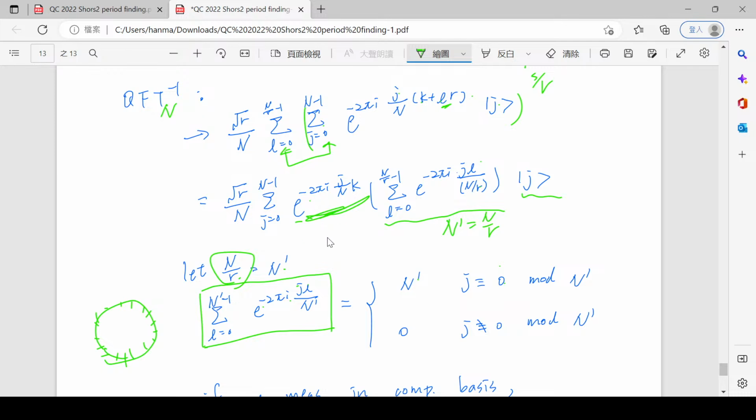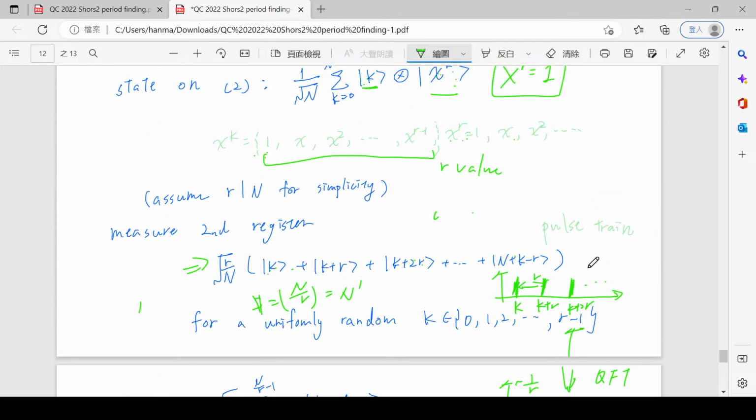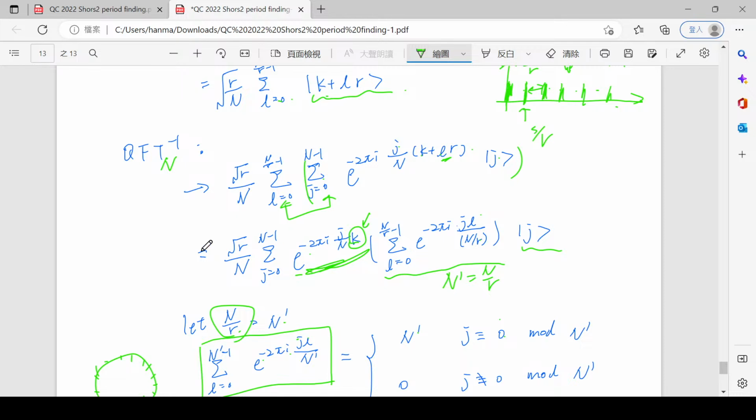And the interesting part is this is the only part dependent on k, right? So we can see that our QFT actually gets rid of the k information. The k information now only changes the phase of our computational basis state. But we do a computational basis measurement, so we don't see this phase.